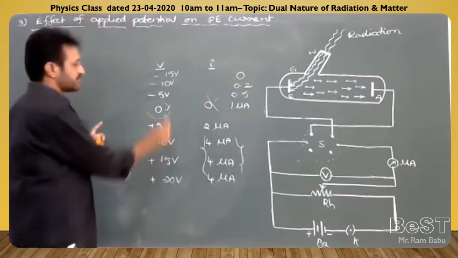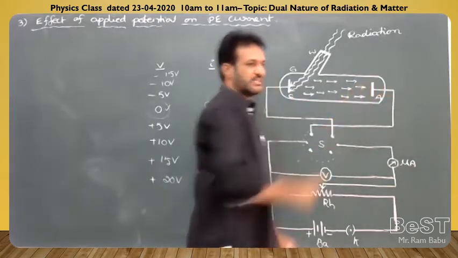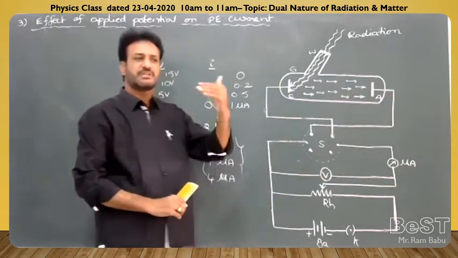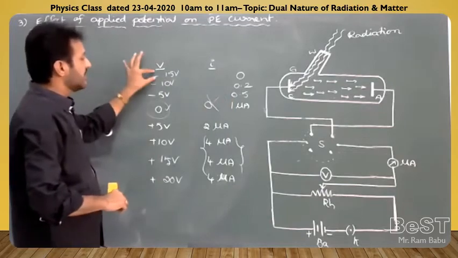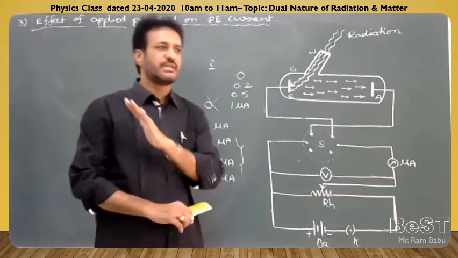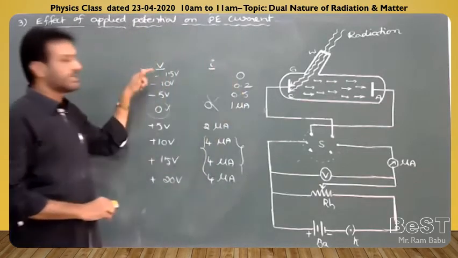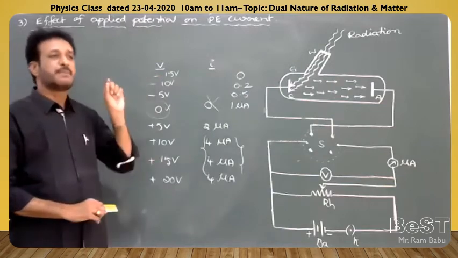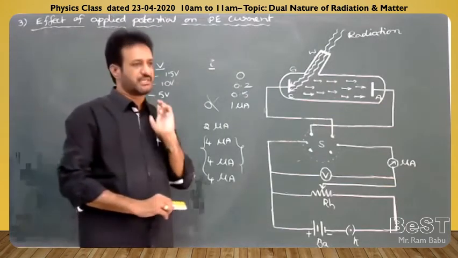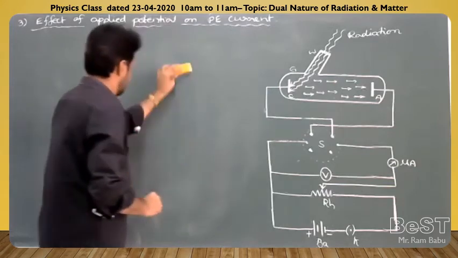Now, with respect to the cathode, we apply a negative potential to the anode, and gradually increase it. At a particular negative potential of the anode, all the electrons are stopped without reaching the anode, and the current becomes zero. This minimum potential is called the stopping potential or retarding potential. So that is the effect of the applied voltage on photoelectric current.